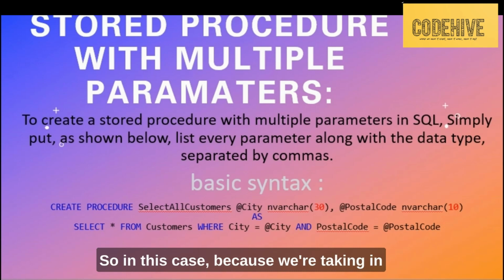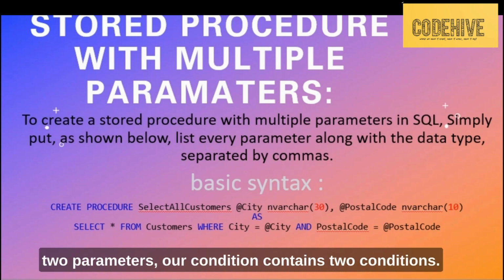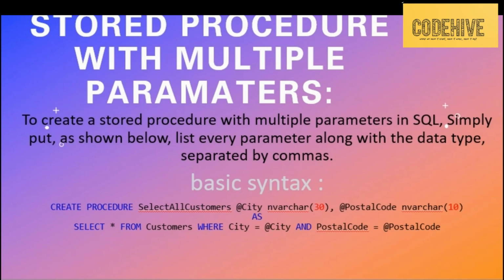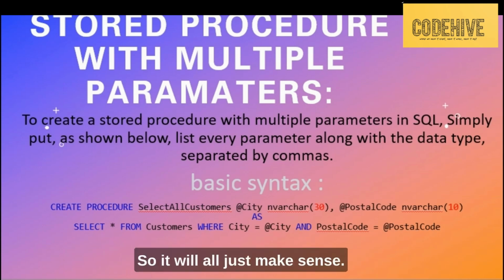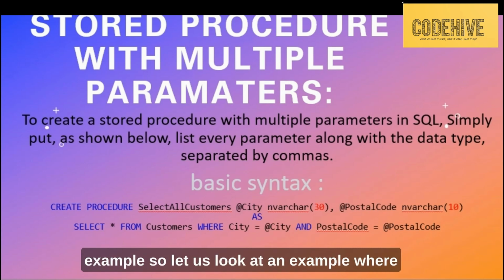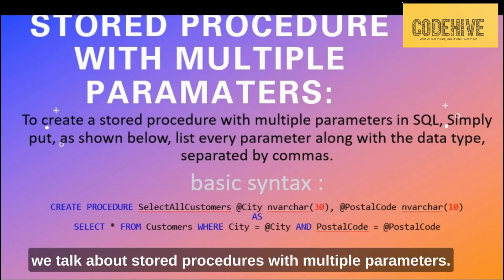In this case, because we're taking in two parameters, our where statement contains two conditions. Like I always say, it will all make sense when we look at an example. So let us look at an example of stored procedures with multiple parameters.